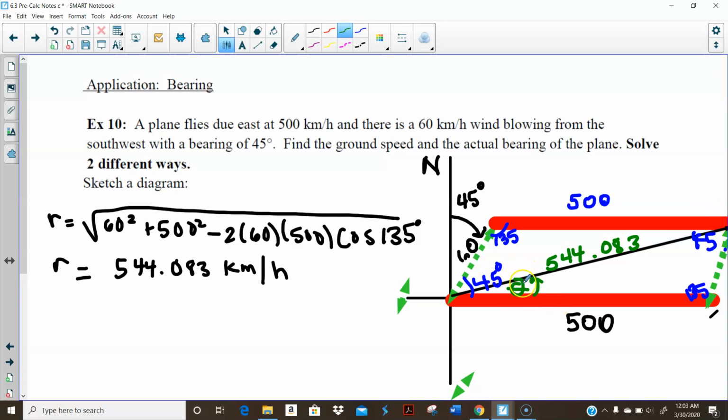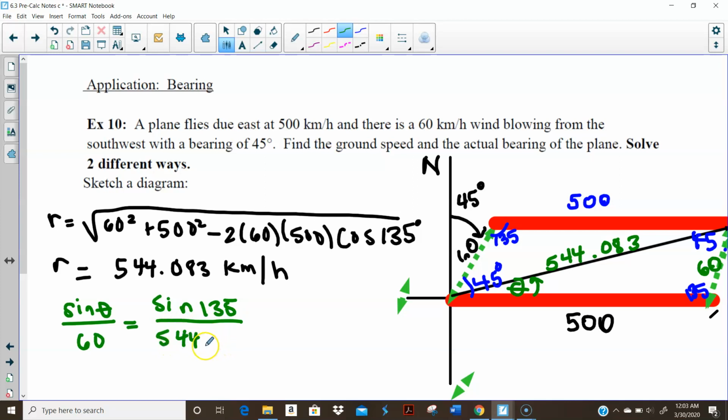We know that the sine of theta over, and then we know that this side of the parallelogram is 60. So we can do the sine of theta over 60 is equal to the sine of 135 degrees over 544.083.